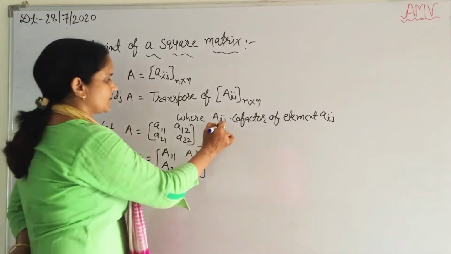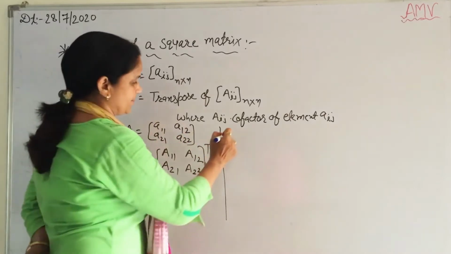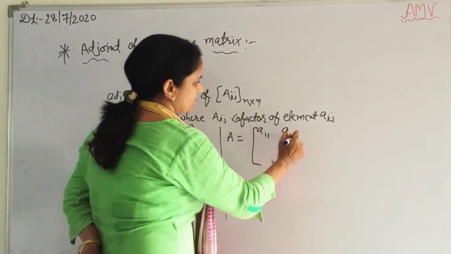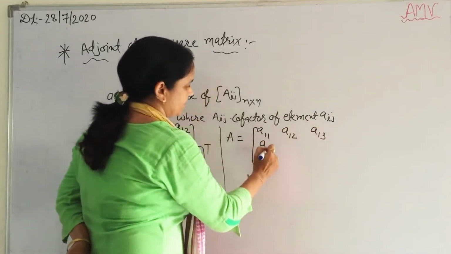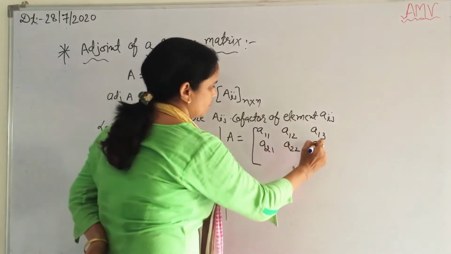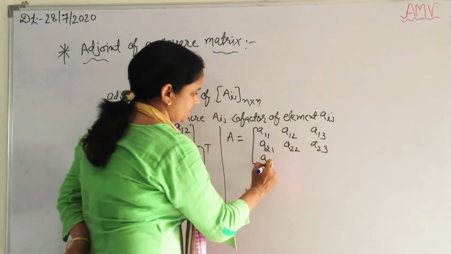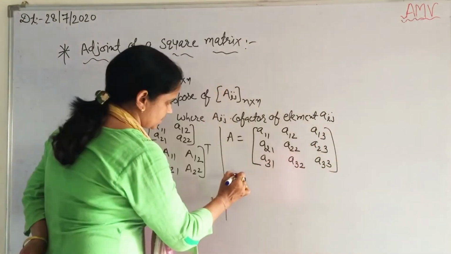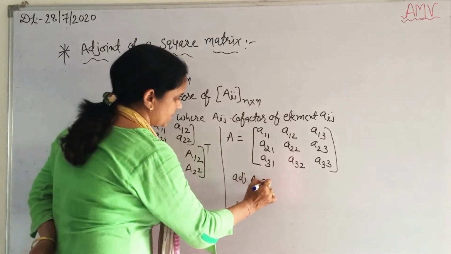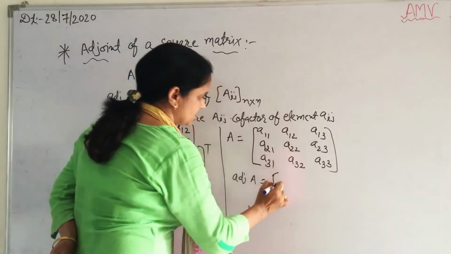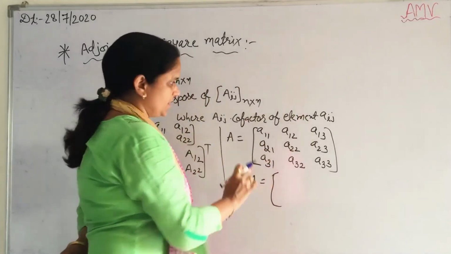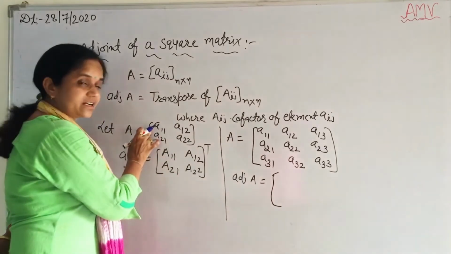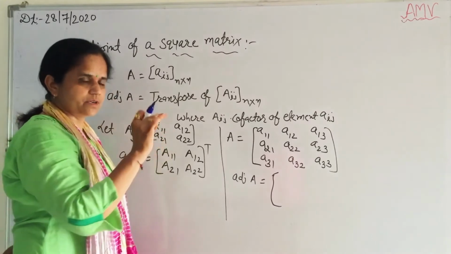Students, for a matrix of order 3, let A be equal to a11, a12, a13; a21, a22, a23; and a31, a32 and a33. Then the adjoint of A is equal to, first find the cofactors. Students, a cofactor is always represented by a capital letter and a small letter shows the element of a matrix.